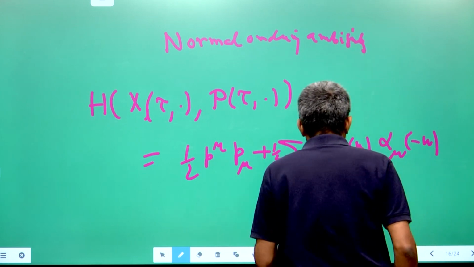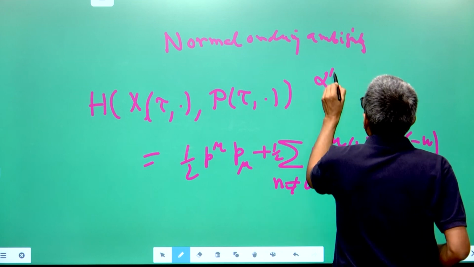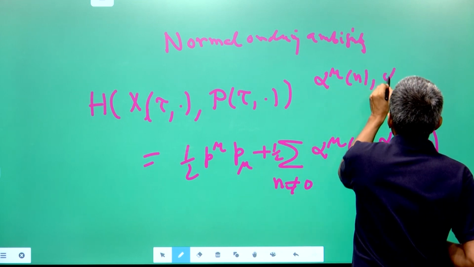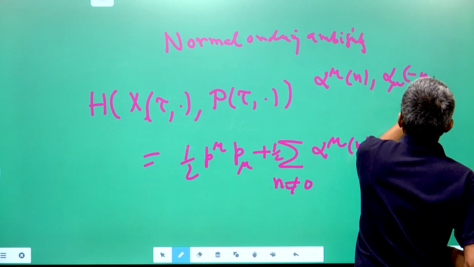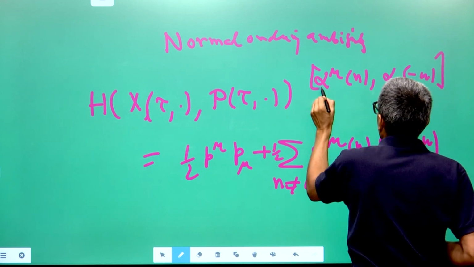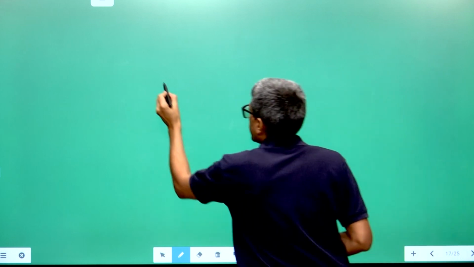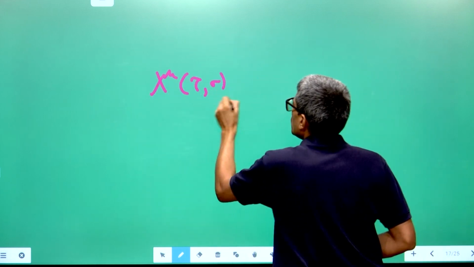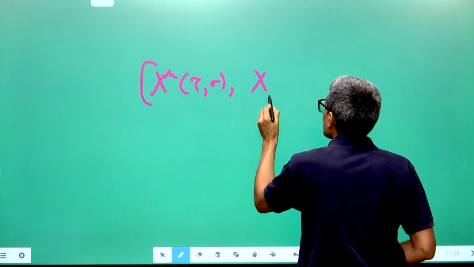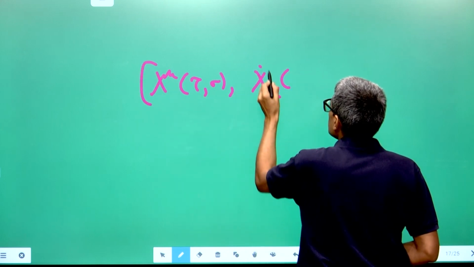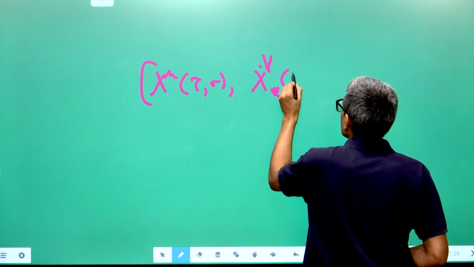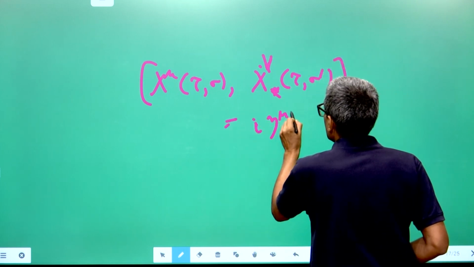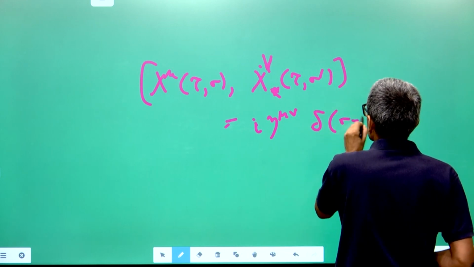What is this ambiguity? The ambiguity is that alpha mu n commutes with all the alpha nu m's except alpha mu minus n. Sorry, I made a mistake here. If you look at the bosonic commutation relations, x mu tau sigma comma x nu dot tau sigma dash is equal to i eta mu nu delta sigma minus sigma dash.